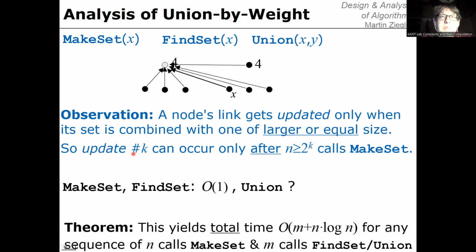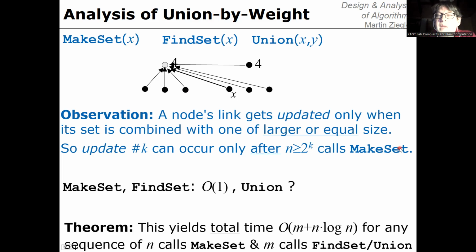And the pointer can be updated k times only when there's a set of size 2 to the k in the result. And for a set of size 2 to the k to be in the result, we need to have at least 2 to the k elements. And to have 2 to the k elements requires that the user previously has made 2 to the k calls to make set in order to create that many points initially.